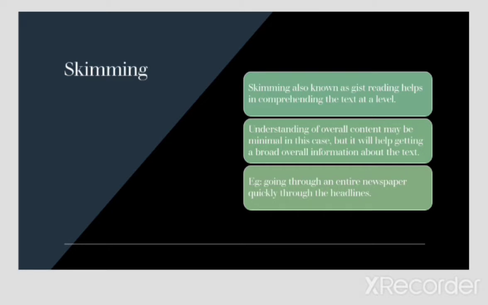Understanding the overall content may be minimal in this case, but it will help in getting broad overall information about the text. You won't get all the details of the text during skimming, but you will get a broad idea about the text.